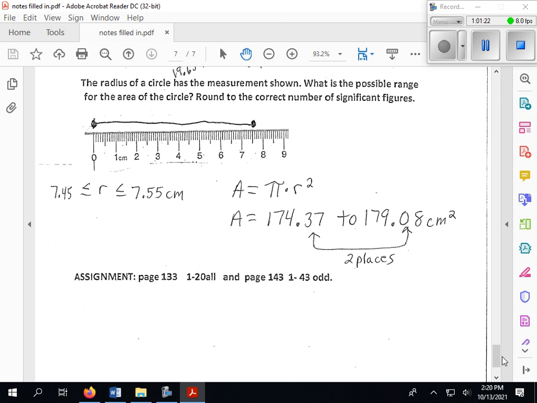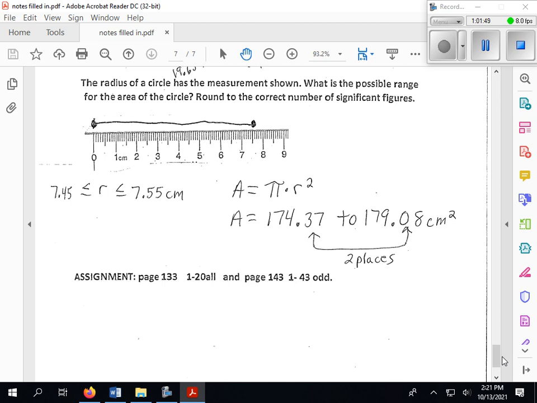What's the formula for area of a circle? Anybody remember that from before I was out? Pi times radius squared. Well, we're saying that the radius is anywhere from 7.45 to 7.55. So the first thing I did was stick in 7.45 for the radius, and I ended up with this.